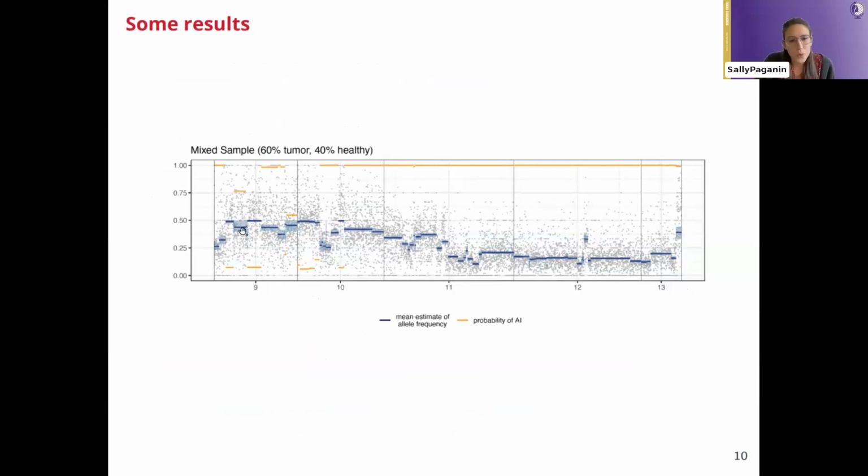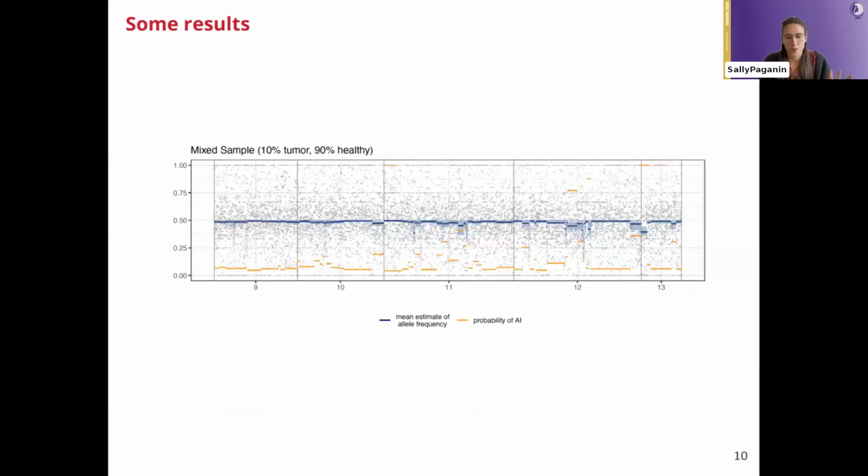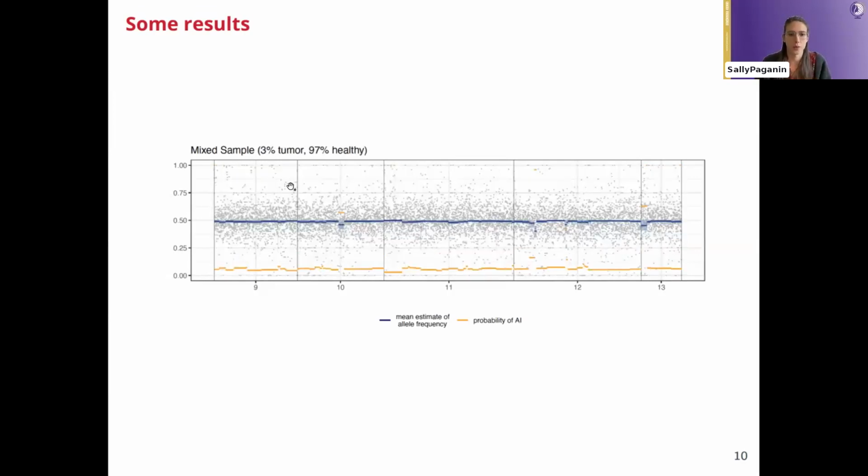And the blue line shows the posterior allele frequencies with the credible intervals, and the gold line is the probability of being in imbalance. For high signals, we get fairly good results, and we're pretty happy we're able to still get some signal when the tumor fraction is really low.